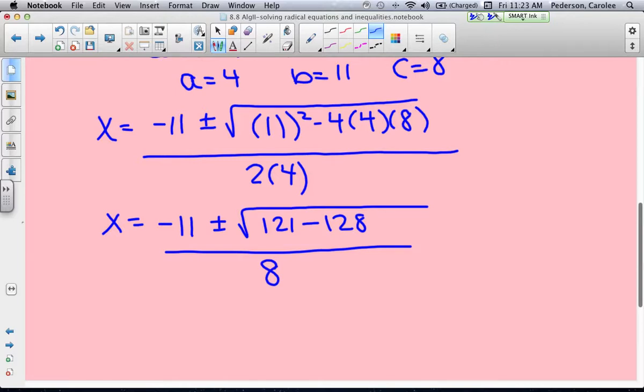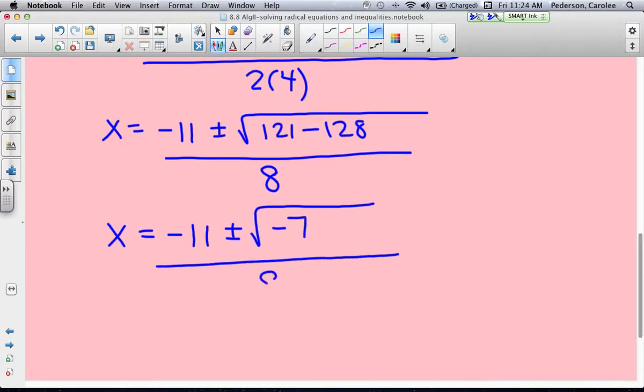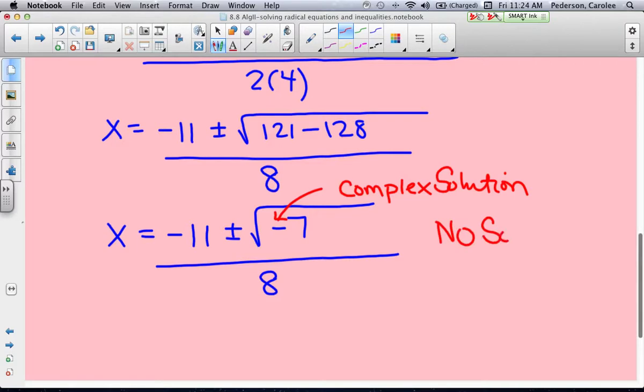Now we reduce the radical. 121 minus 128 is negative 7. An issue pops up. If you remember back from earlier this school year, what happens when you have a negative? That's considered a complex solution because of that negative. So we say in this case, no real solution is possible because of that negative radical.